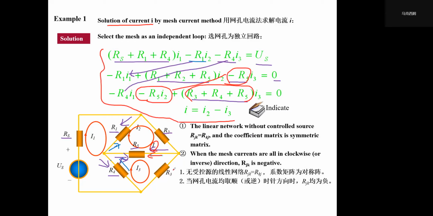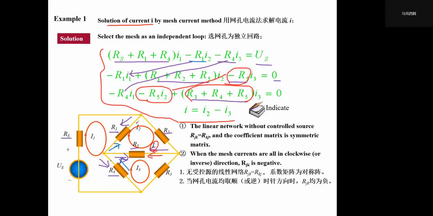And if we assume all the mesh currents to be running in the clockwise direction, or all running counterclockwise, their mutual resistance always takes a negative sign.